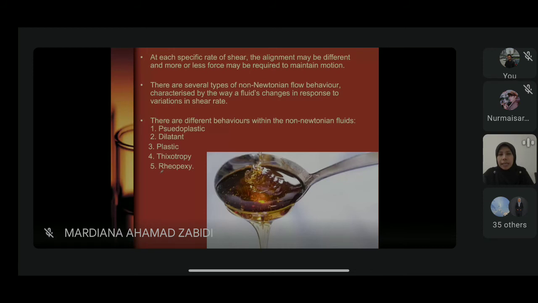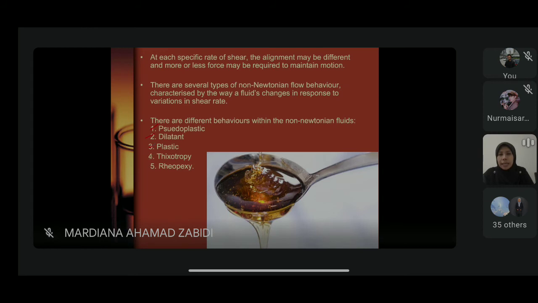Classification 1, 2 dan 3, pseudoplastic, dilatant and plastic, they are non-time dependent. Maksudnya when you rotate your product, okay, it is not going to have a very huge effect towards the viscosity of your product.